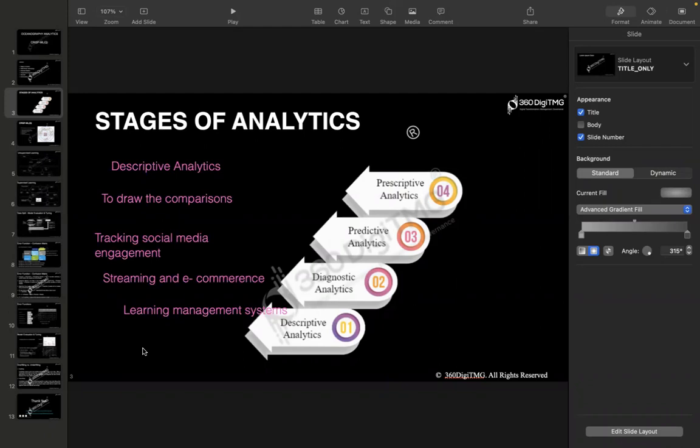So how is descriptive analytics used in the data analytics, data science or data analyst field? Data analysts can use descriptive statistics to summarize more or less any type of data.